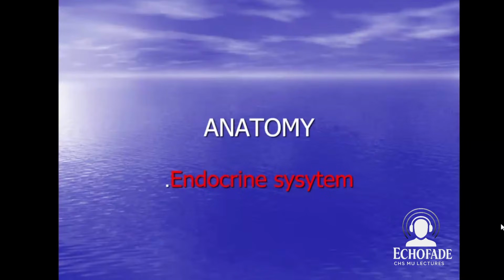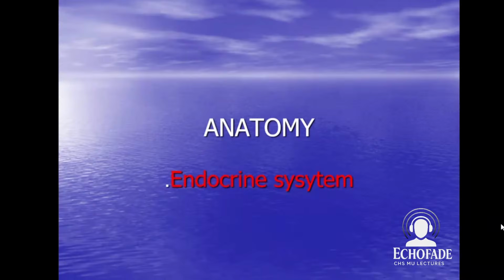So we are going to start with the endocrine system. We have already done the endocrine system when we were looking at various types of glands, and we classified glands as those which have ducts and those which do not have ducts. Endocrine glands are those which do not have ducts, and the hormones are transported by blood, by lymphatics, by CSF, cerebrospinal fluid.